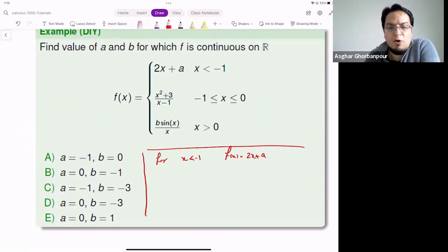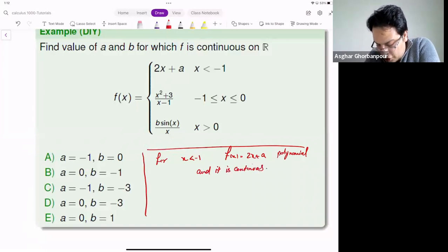No matter what the value of a is, this is a polynomial, and it is continuous. So our function, which is equal to this polynomial for all x less than -1, is continuous, no matter what the value of that number a is.